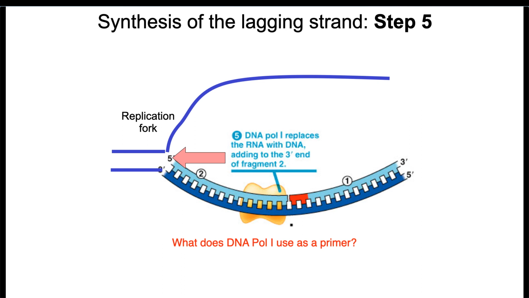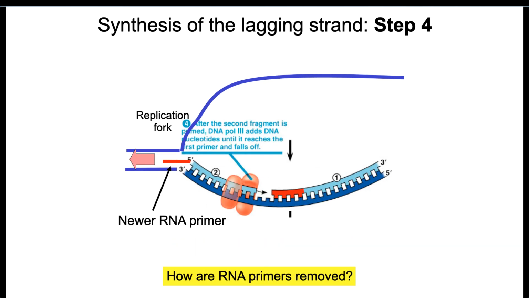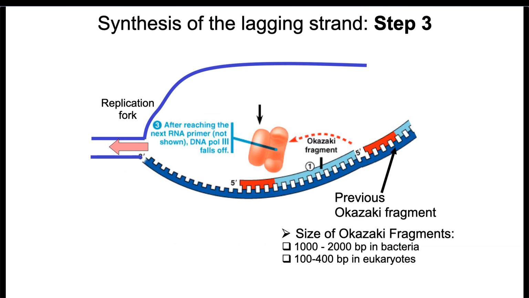It's a DNA polymerase. Like all DNA polymerases, it needs a primer. It needs some end to start adding on to. Well, what is this going to use? It can't use another RNA primer because that defeats the whole purpose. So let's take a look at what that is. When it removes this red, chew, chew, chew, it uses right here.